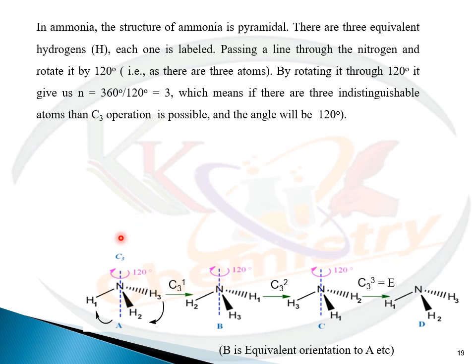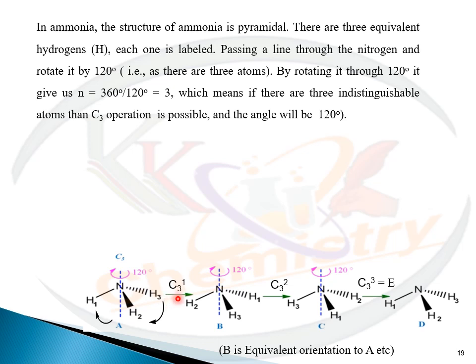By passing a C3 axis over here, rotated by C3 once, there are 3 atoms, so definitely these 3 are equivalent, and a C3 operation will take place. If there had been 4 equivalent atoms, then a C4 operation would take place over here. So C3 means 120 degree rotation.